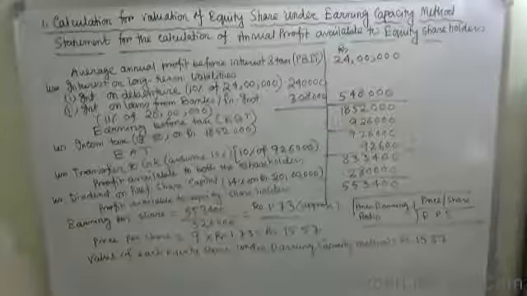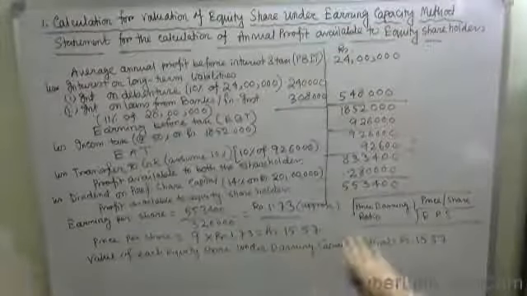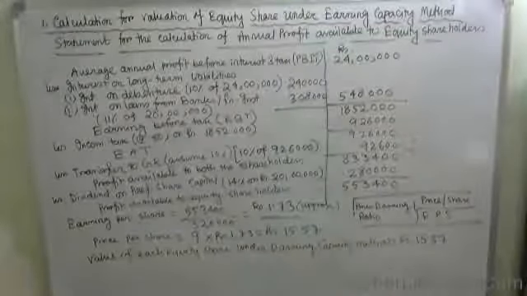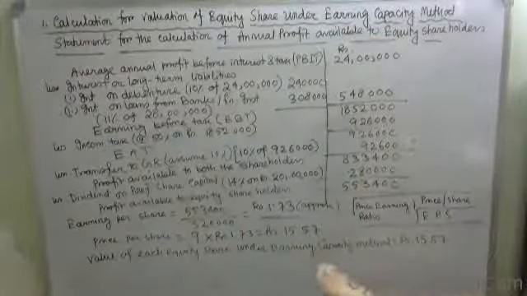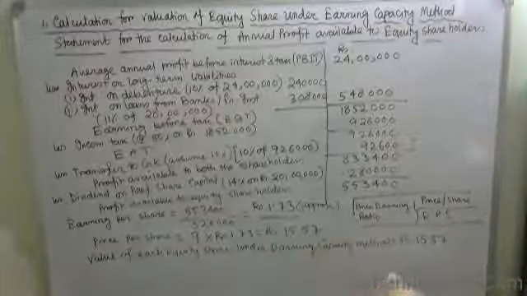All these three important methods we should apply for calculation of the value of each equity share of a given company. So this is the process to calculate the value of each equity share under earning capacity method, and the answer is 15.57. This is the first answer.